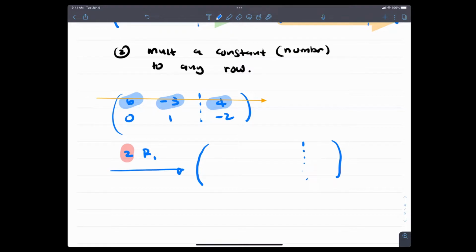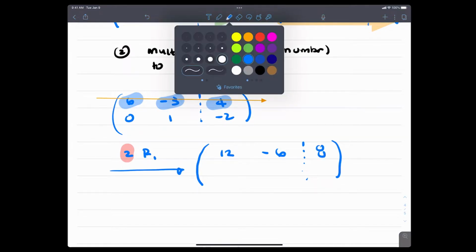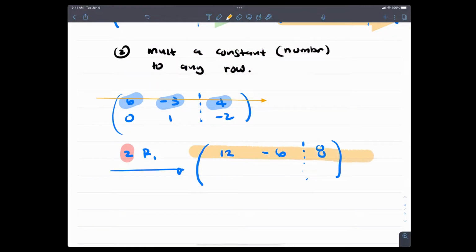What's 2 times 6? Okay, what's 2 times negative 3? Negative 6. What's 2 times 4? 8. Good. You know what you're looking at? A new row 1.